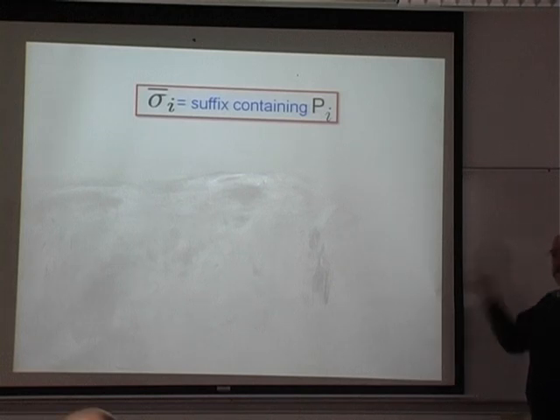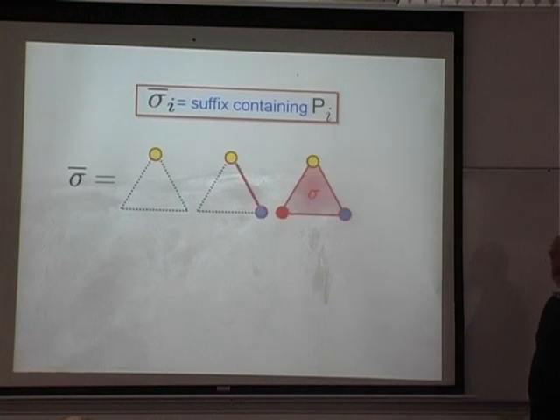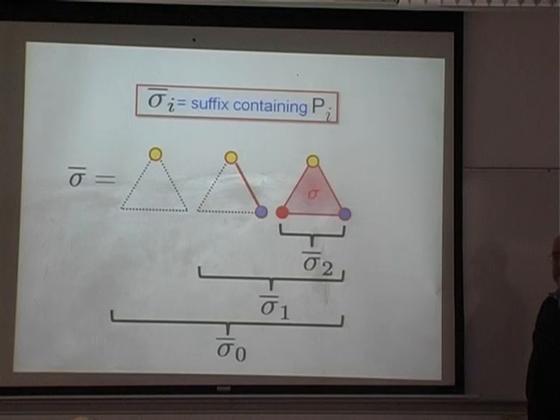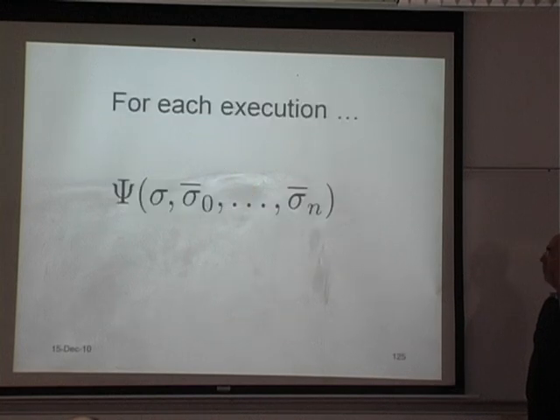Because if you're pi, then you have to see your own update, but you might also see anything in the chain that comes afterwards. So the longest suffix containing pi. So here's sigma bar, and there's a sigma bar sub 2, because it's where 2 is red. And there's a sigma bar sub 1 and a sigma bar sub 0. That's just the notation that we're using.